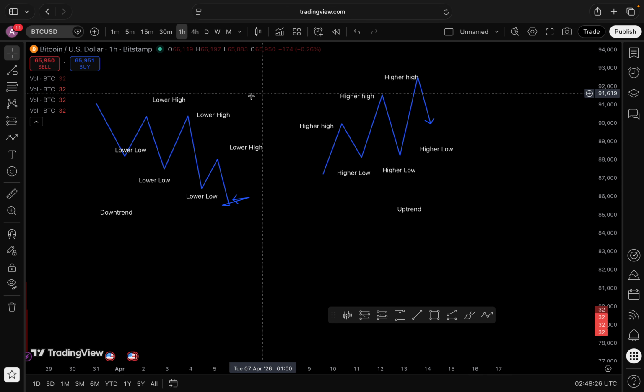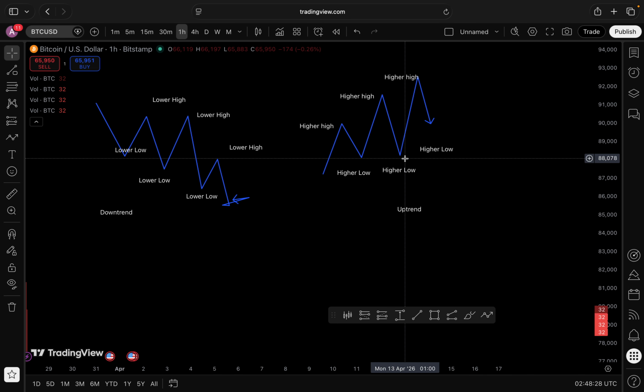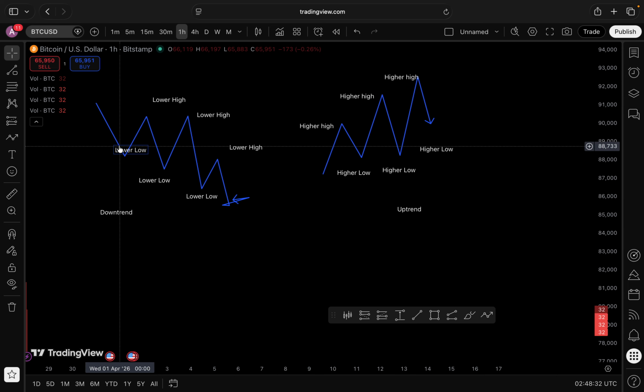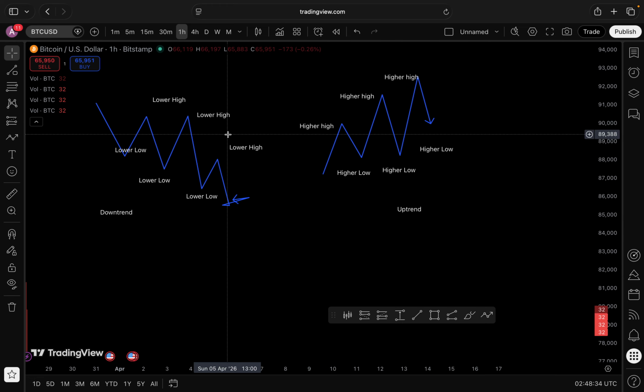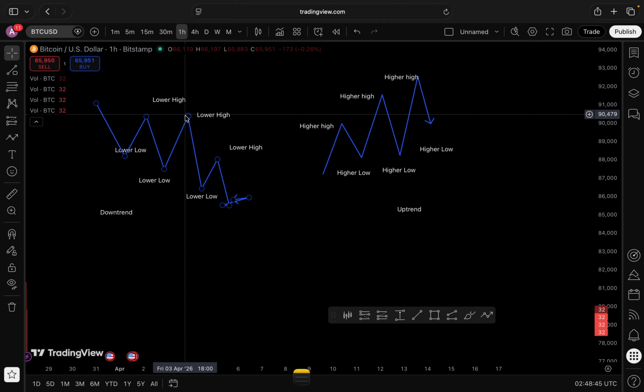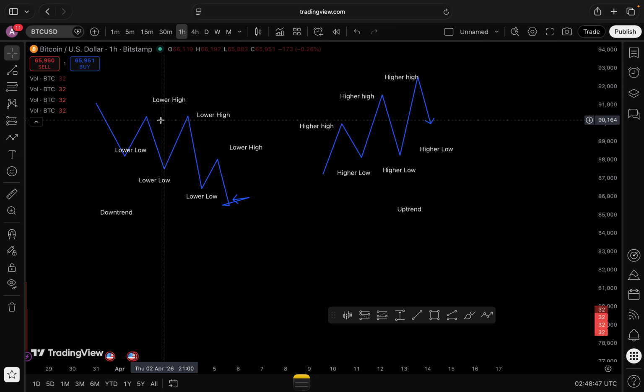I want to throw that in there because an equal high or an equal low is the same as a higher low or a lower high. It still reacts the same, so it can make an equal low or equal high on an uptrend or a downtrend and still be considered the same thing. So don't get confused on these being the same height.